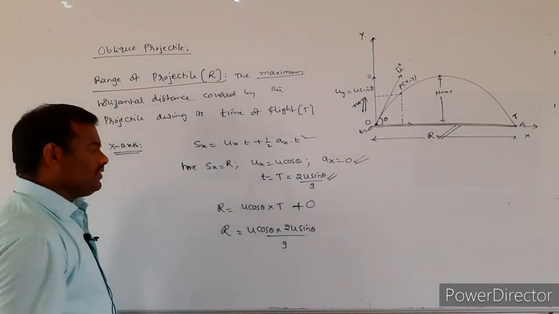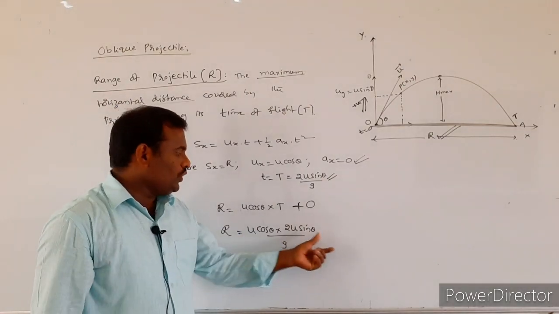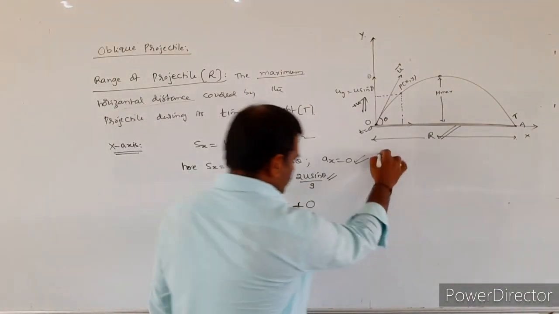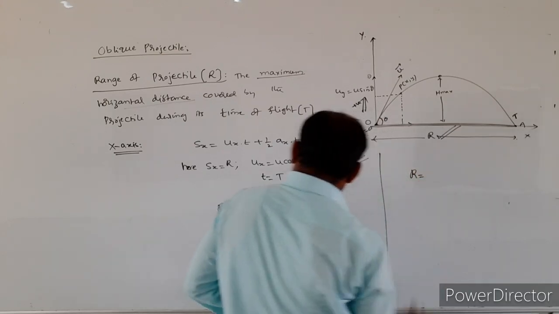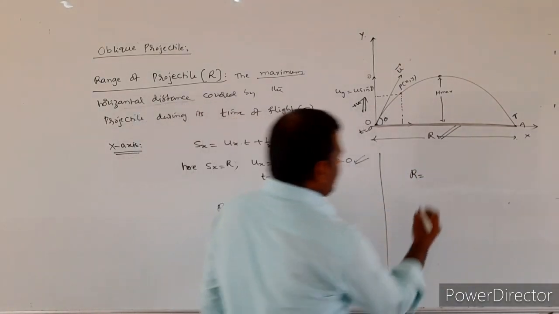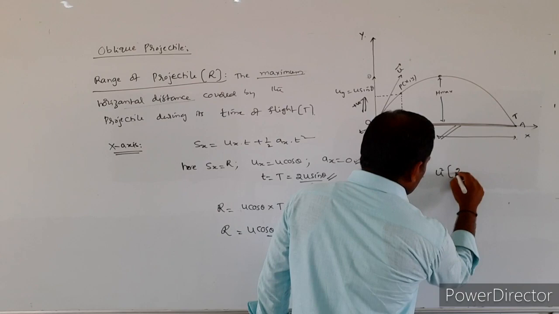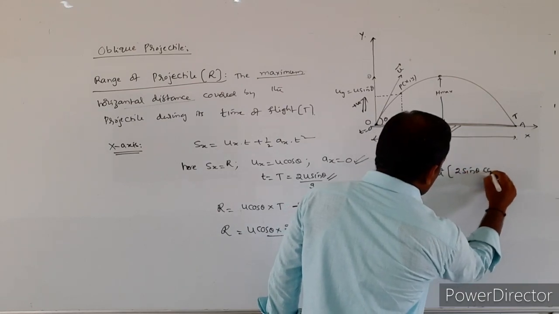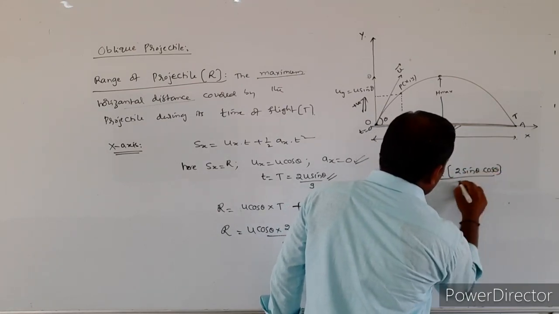So R is u cos theta into 2u sin theta by g, which is u squared into 2 sin theta cos theta by g.